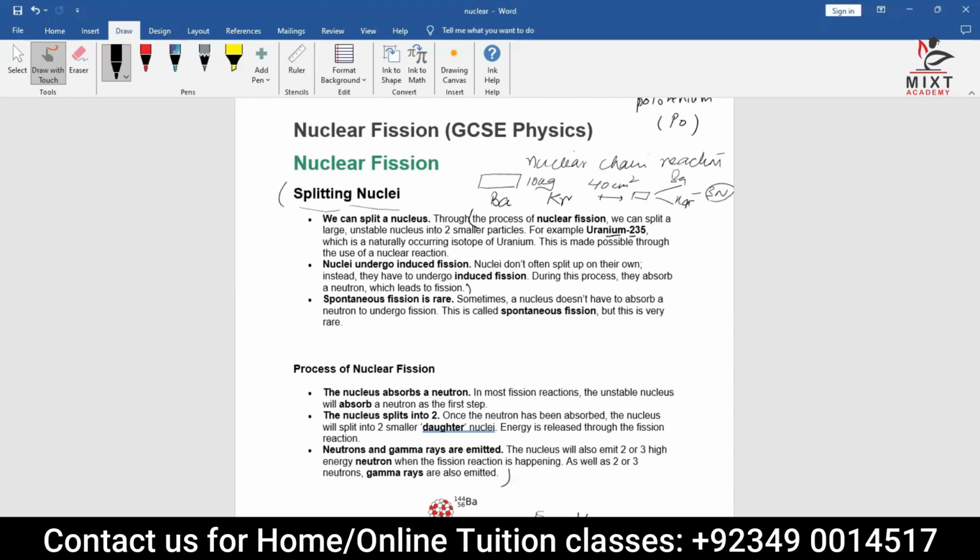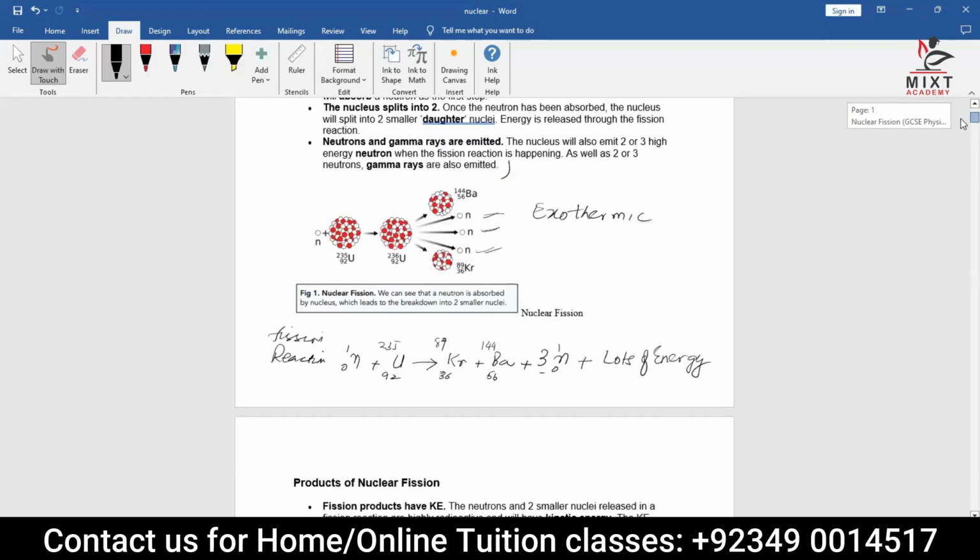Okay, now let's see that. I'll better explain it at this point. Check this equation here. This is your uranium nucleus. You bombard this uranium nucleus with one single neutron.